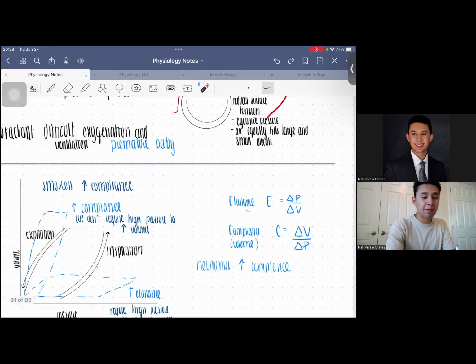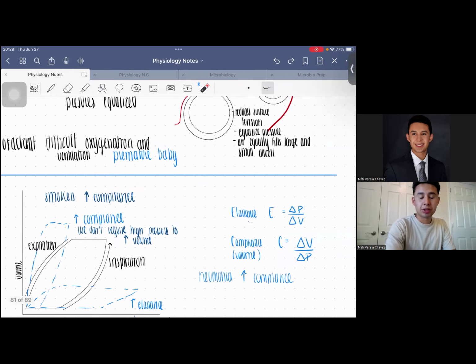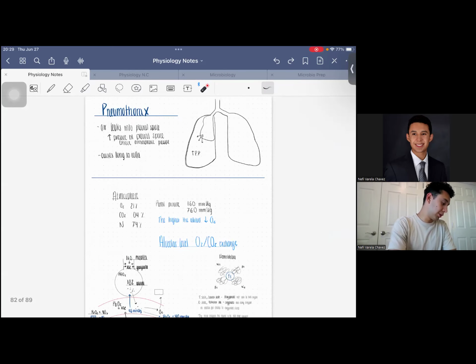So elastance is gonna be equal to the change of pressure over volume, and compliance is gonna be the change of volume over pressure. There are some abnormalities that are gonna, for example, increase compliance. That's the case of smokers or people with pneumonia. They're not gonna have a hard time with inspiration. They can do it pretty easily, but expiration is going to be something difficult.